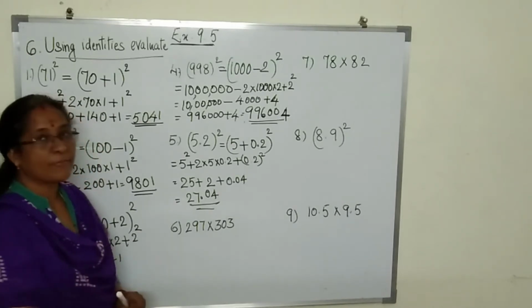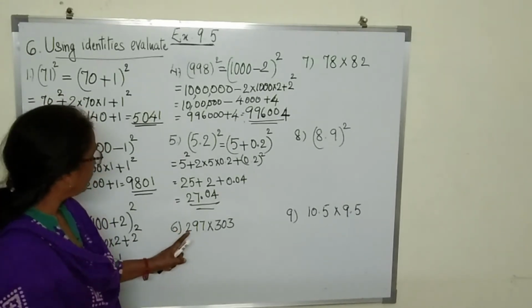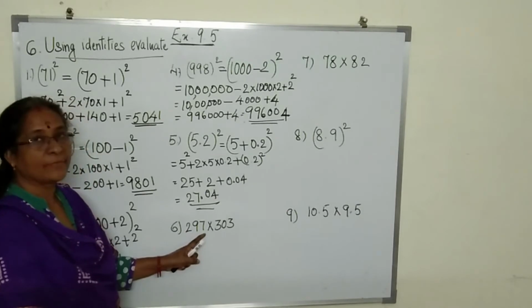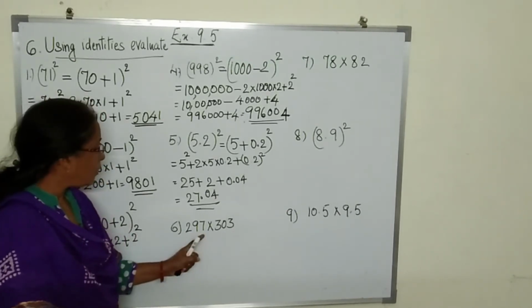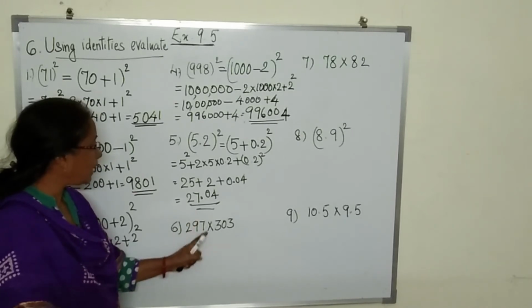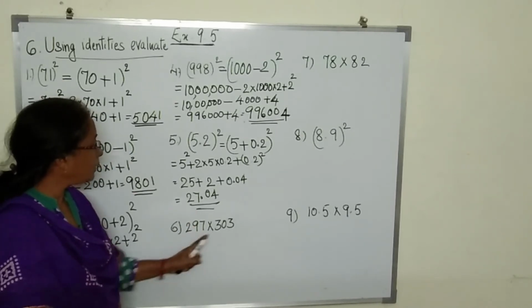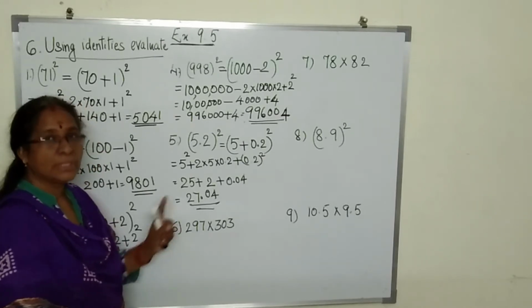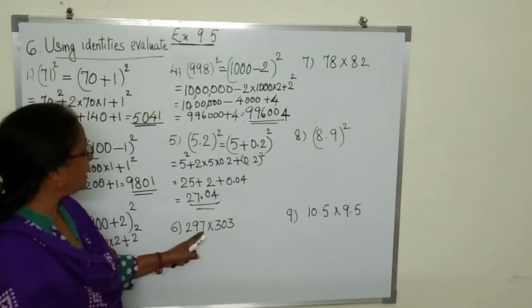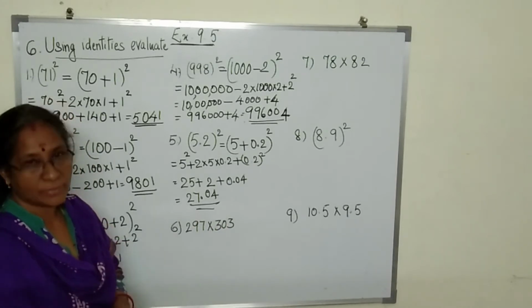Now this is a different one. Now here you see 297 times 303.